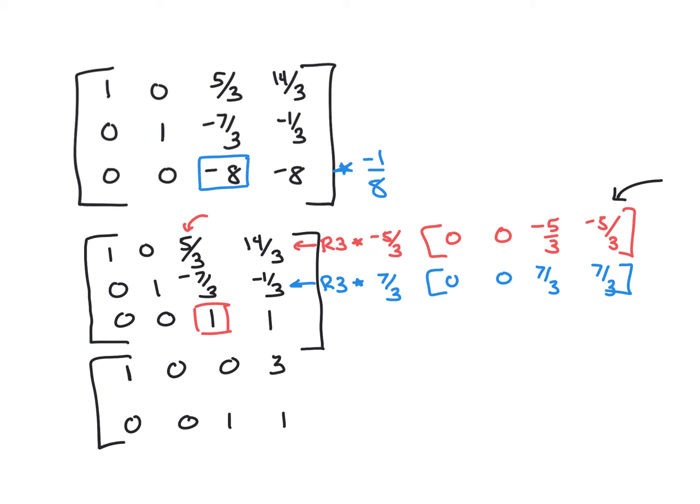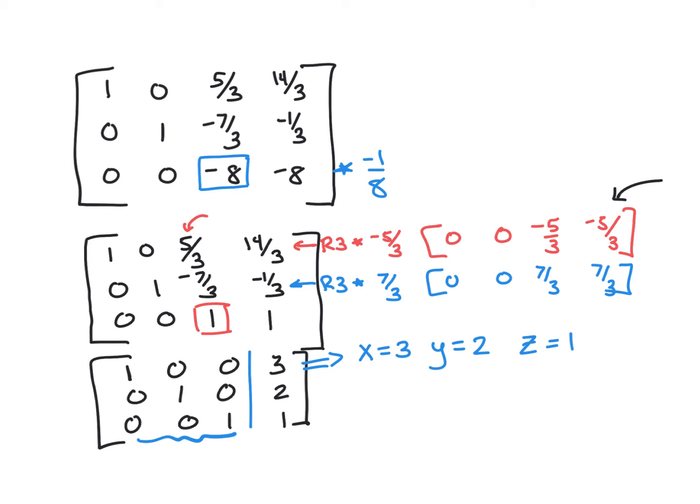And then when we add the blue row to the middle row, we'll get 0, 1, 0, and 7/3 minus 1/3 is 6/3, or 2. So you can see now that we have what we wanted on the left, and we end up with x equals 3, y equals 2, and z equals 1.